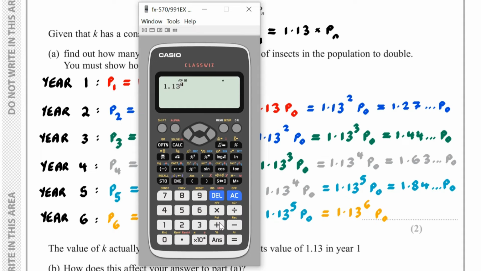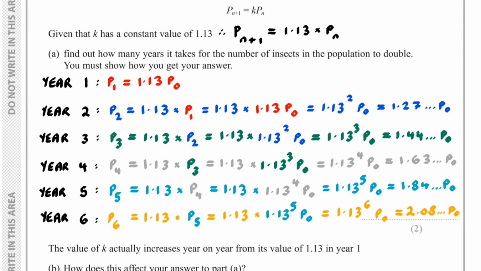And where we've got 1.13 to the 6, that leaves us with 2.08, etc. P0. And because this value here is greater than 2, what we can say then is it will take 6 years for the number of insects in the population to double.